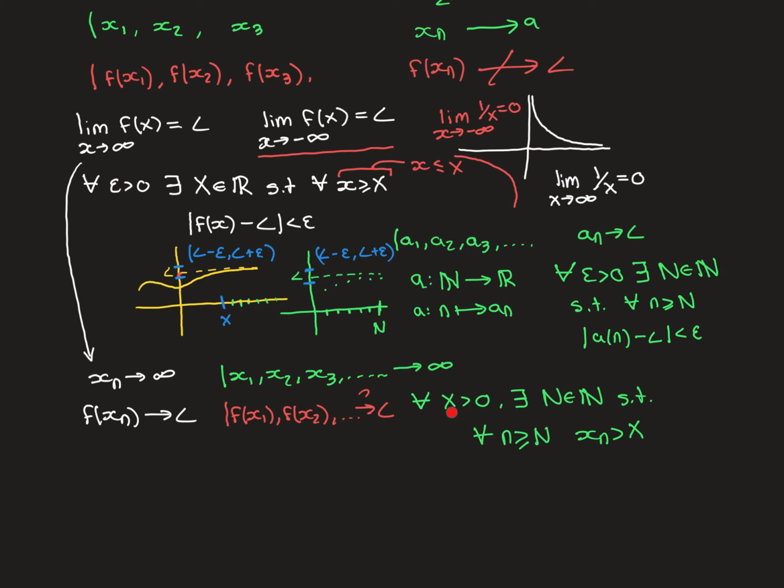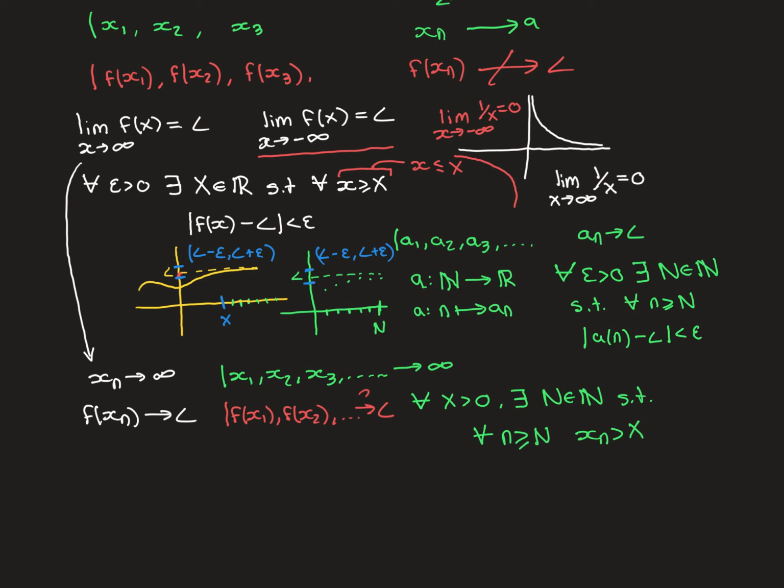So however big you want, so for all big X greater than 0, where big X is a real number, there must exist some big N, an element of the natural numbers, so there must exist a term in this sequence, x big N, such that for that term and all terms beyond it, so for all little n greater than or equal to big N, those terms are bigger than that X. So they are getting and staying indefinitely big.